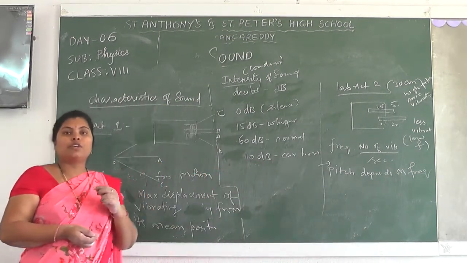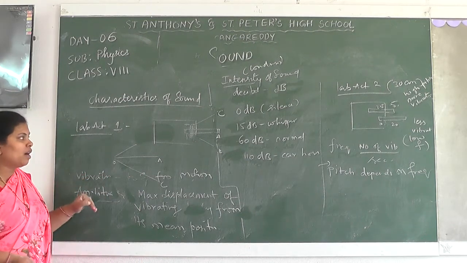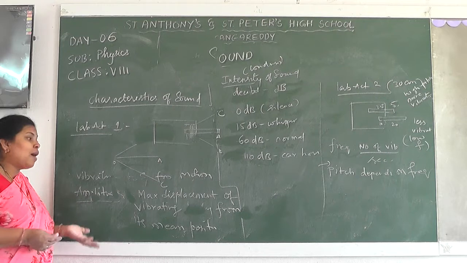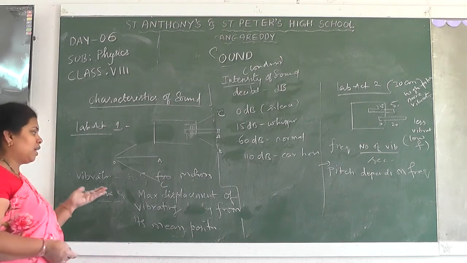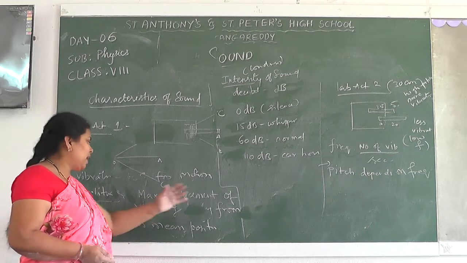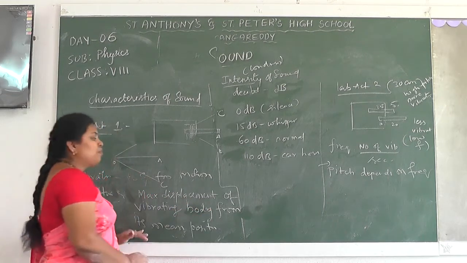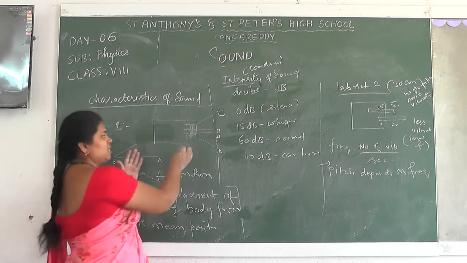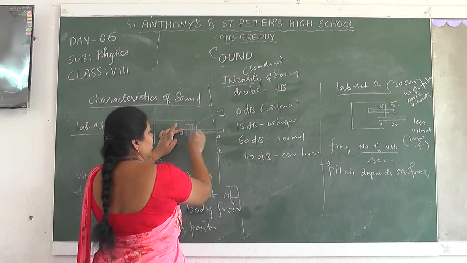Your homework for today is to try this activity and observe in which case the amplitude is more. Children, amplitude is nothing but the maximum displacement of a vibrating body from its mean position. Say originally your seesaw blade is here.